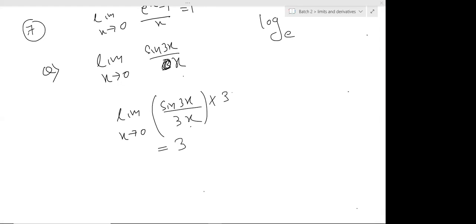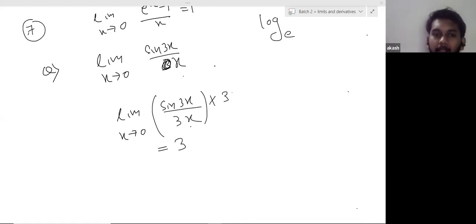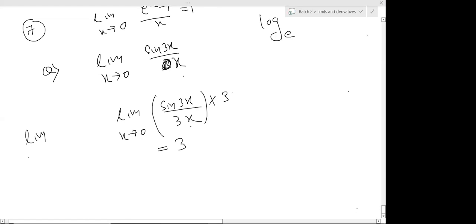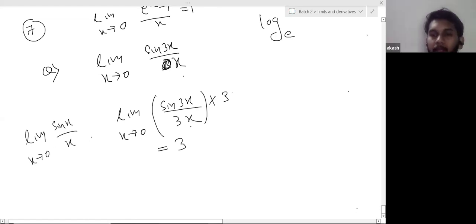Sir, can you explain the part where you multiplied by 3? All right, see, in the standard formula we have limit x tending to 0 sin x upon x, and I told you this angle can be anything. This can be 5x, 10x, x plus 2, anything. But whatever is written in this angle, that same number should be in the division also.